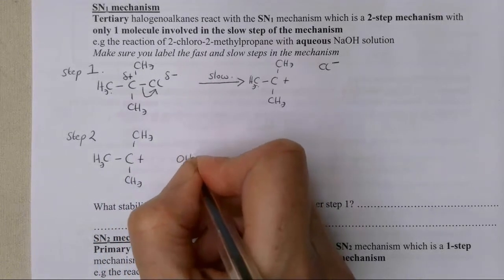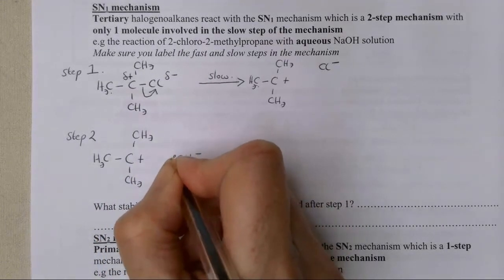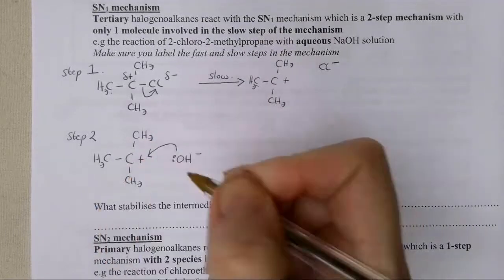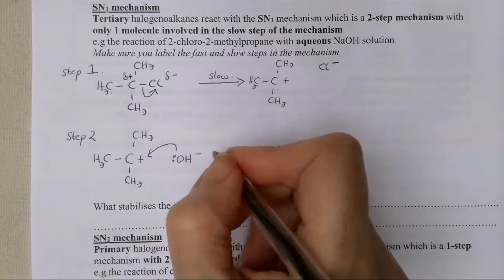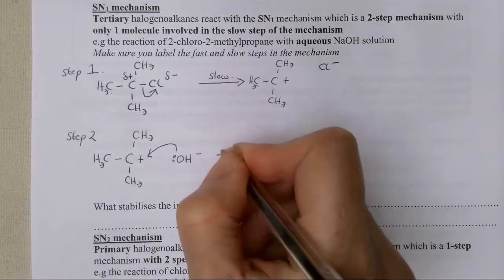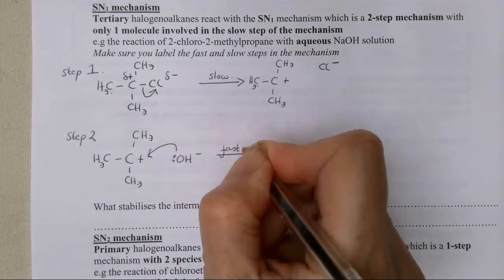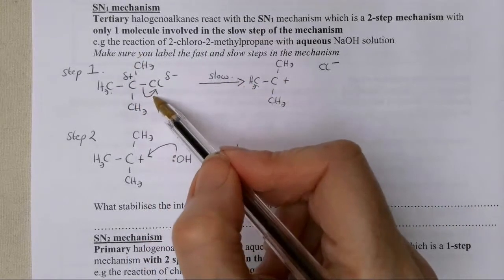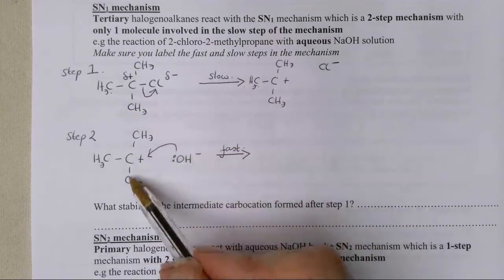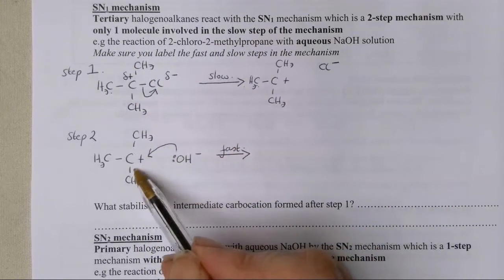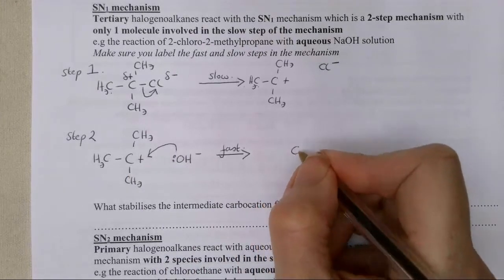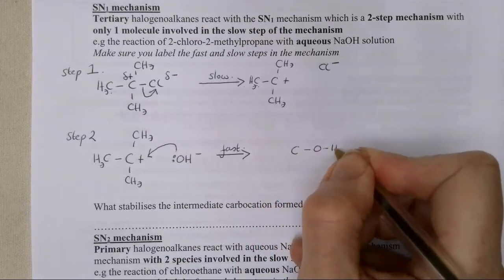I have my OH, my nucleophile with its lone pair, which I'm going to bring in, and I'm going to put in there. Okay, so this step is very fast. So we have a slow step here, because very few particles have an energy capable of doing this. But then this step, because you're attracting a positive and a negative, is very, very fast. And you get your product.